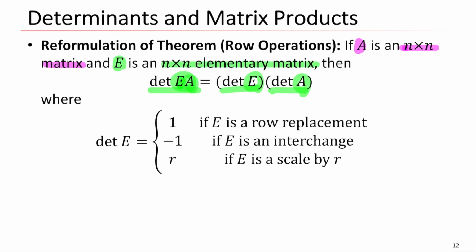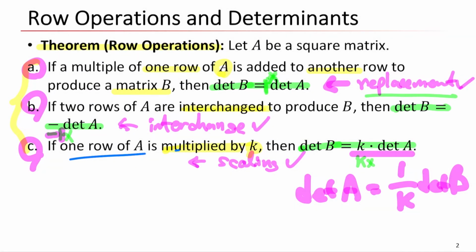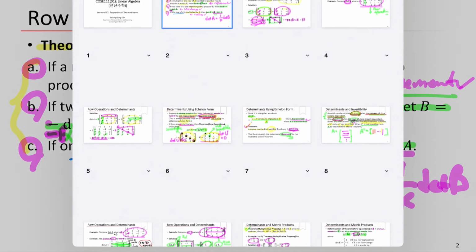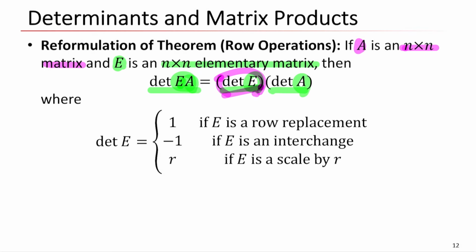Okay, then what is the determinant of the elementary matrix? There are three kinds of things here, right? So 1, -1, and k. If E is the row replacement, then the determinant of E should be 1.